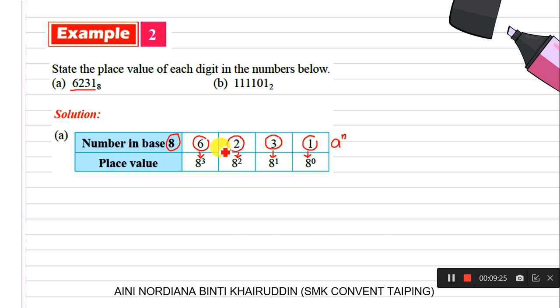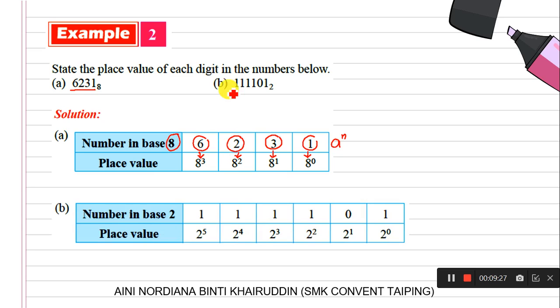So for example B, since this has a small 2, this is base 2. So for digit 1, the place value is 2 to the power of 0. The place value for this digit is 2 to the power of 1, and so on.